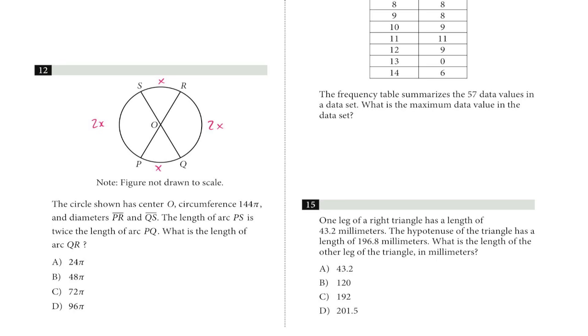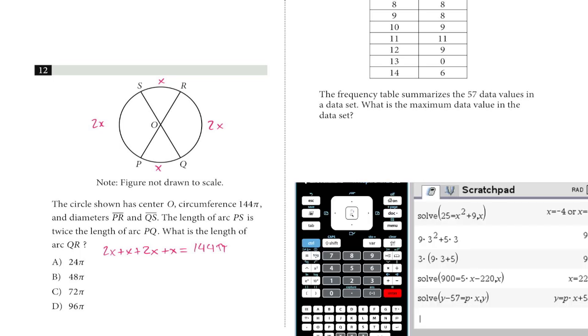Well, I just measured the entire length of that circle, which we call the circumference. So when I add up all those sides, so 2x plus x plus 2x plus x, that should equal the circumference, which they told us was 144 pi. So what I can do now is solve for x and then just multiply that number by 2. So again, I can pull up my calculator. Menu 3, 1.